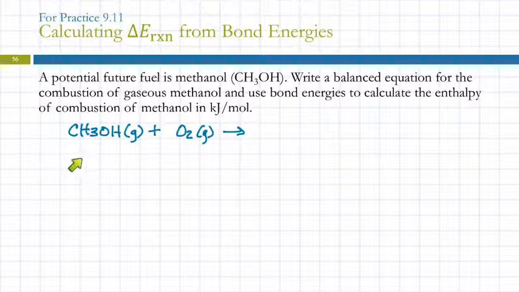And this is a compound containing only carbon, hydrogen, and oxygen. What are the two products? CO2 and H2O. And the H2O is going to be in the gas state because this is hot.